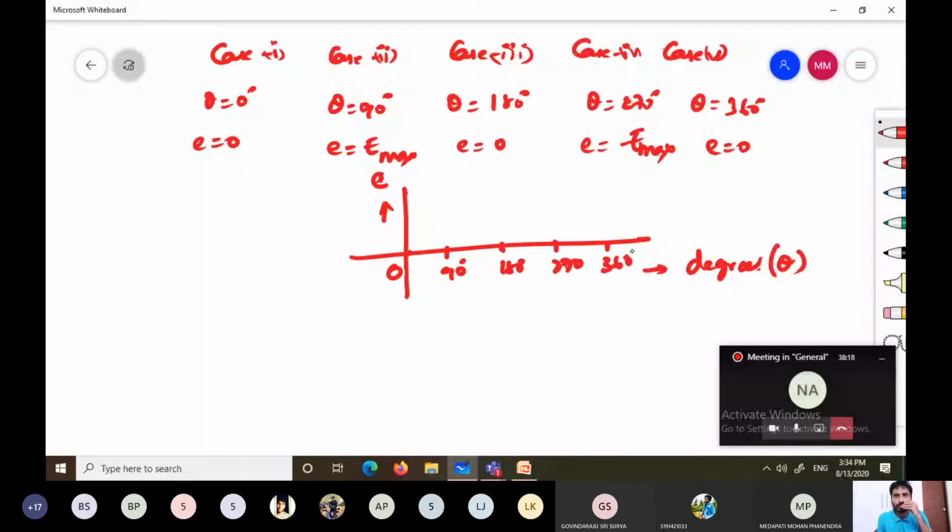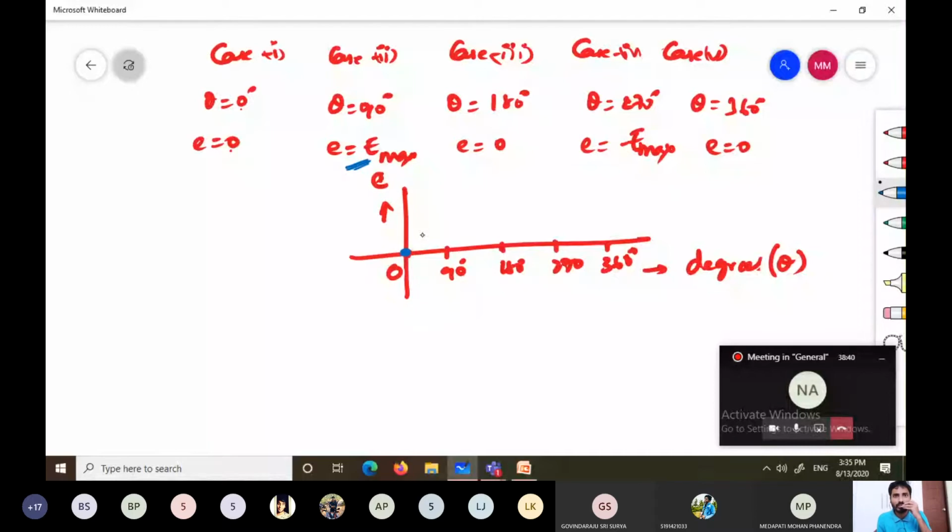Now we'll see at theta equals 0, what happens to the EMF? 0. That means this is the point. At theta equals 90, what about the EMF value? Emax.